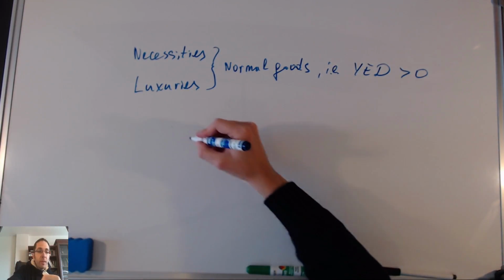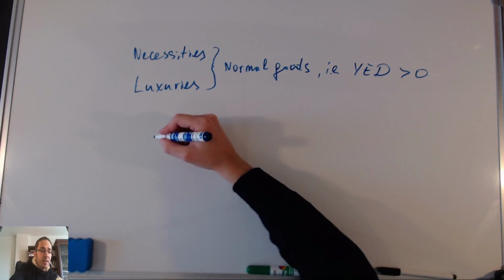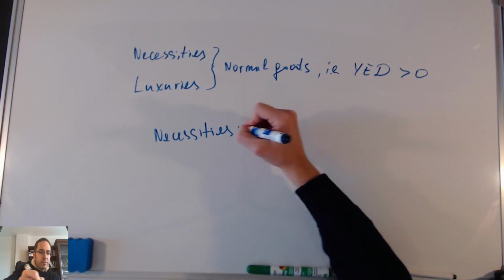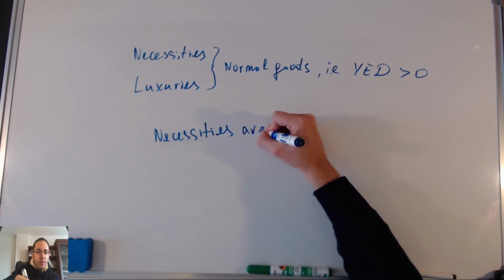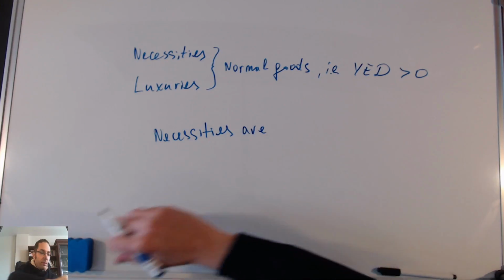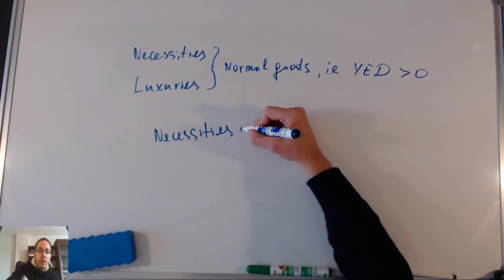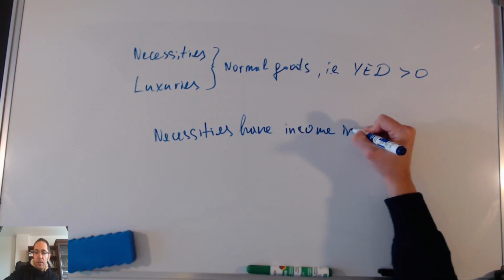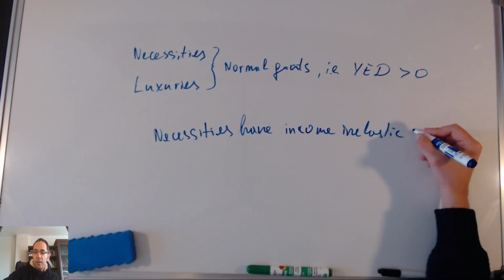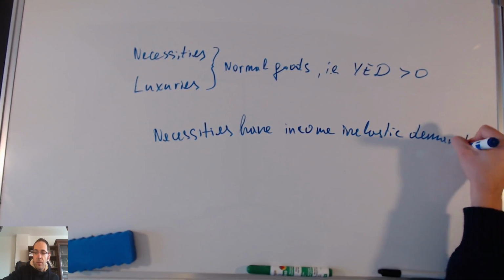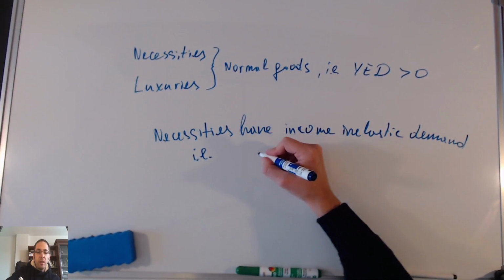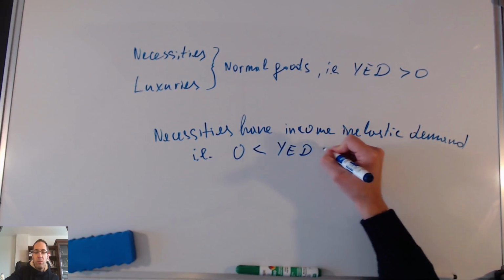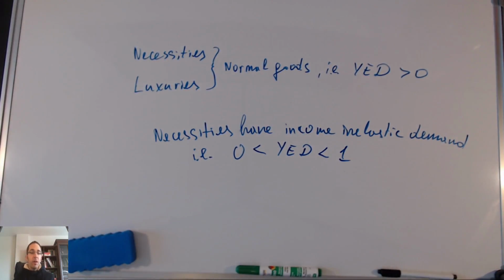However, necessities are income inelastic. So necessities have income inelastic demand. What this means is that the value of income elasticity for them would be between 0 and 1.